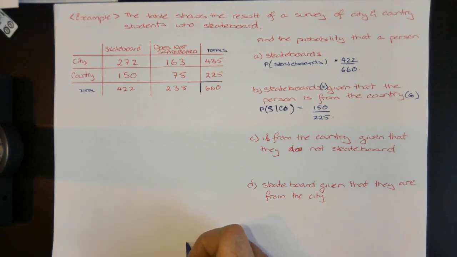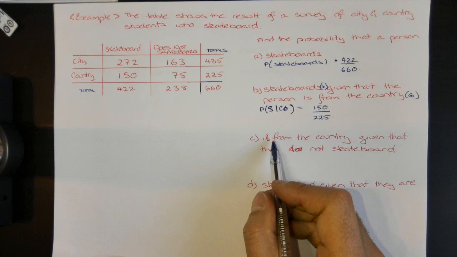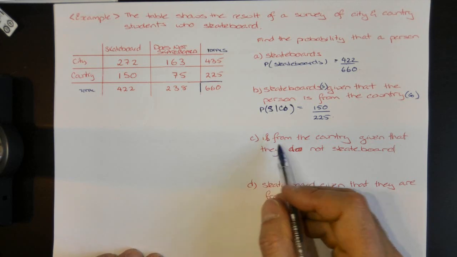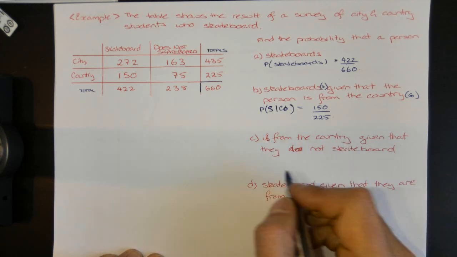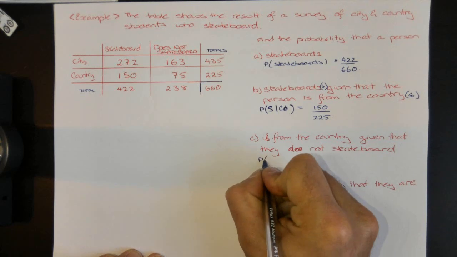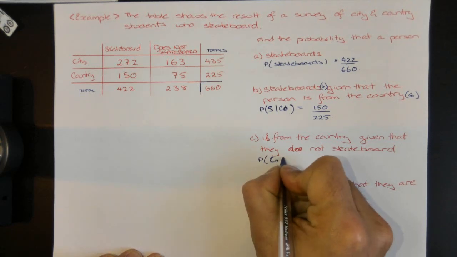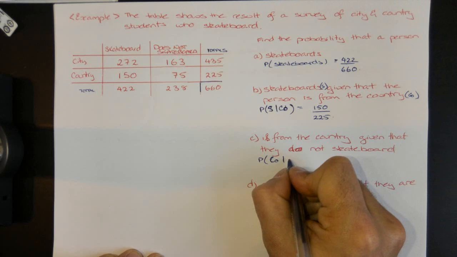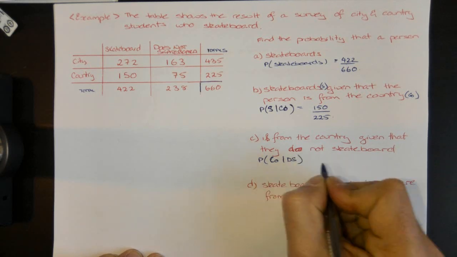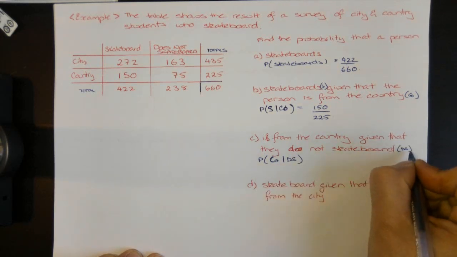Okay. The next one. We want to find a person at random that's from the country, given that they do not skateboard. I'll use that D as.